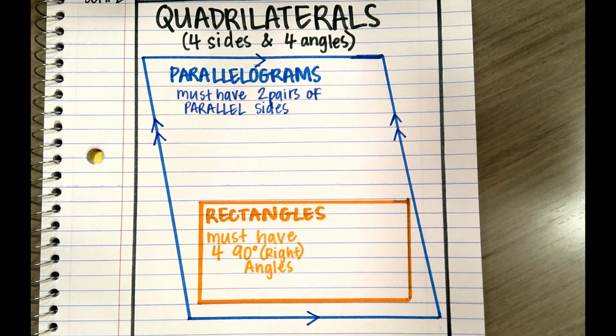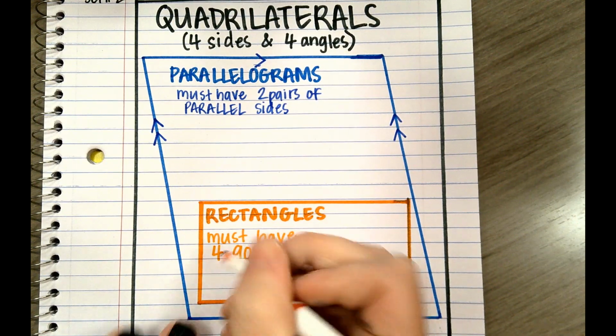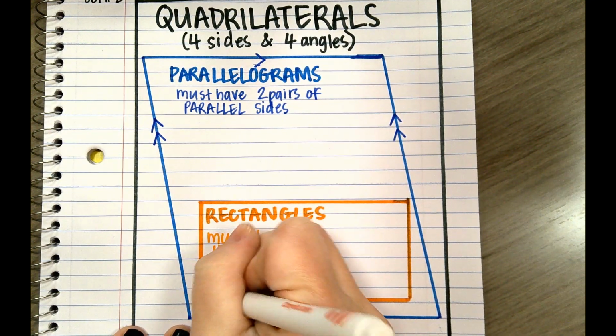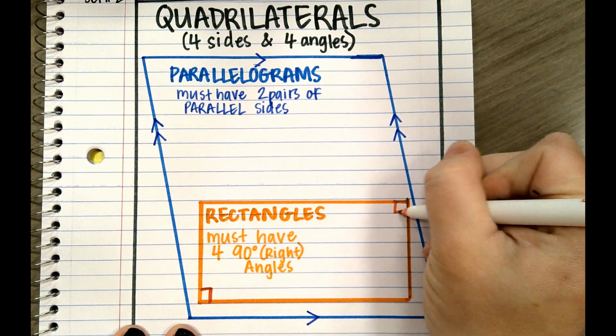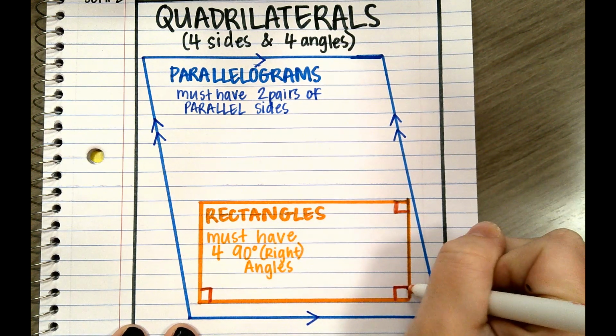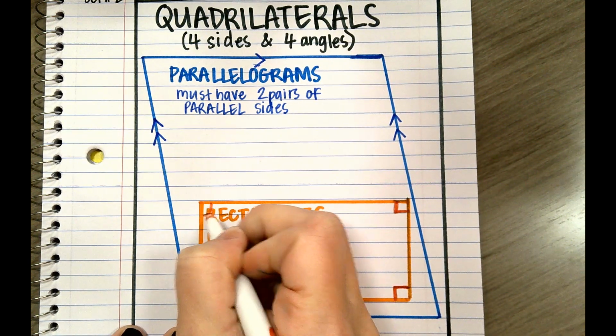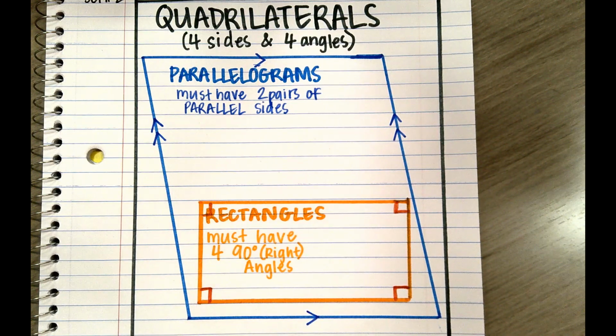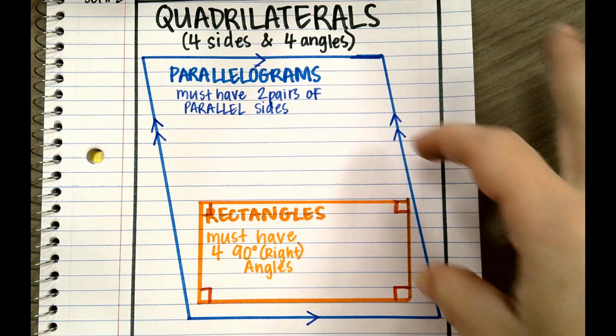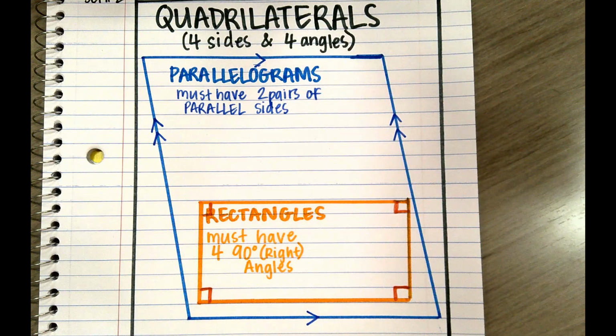Okay. And so I will mark some right angles on my rectangle with my squares. And then above it, we've got one more category.